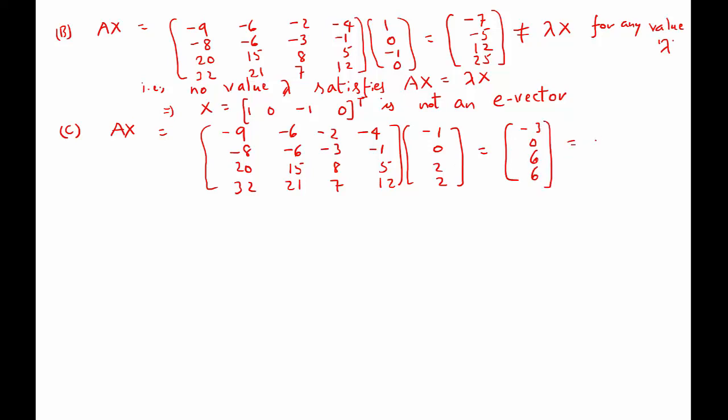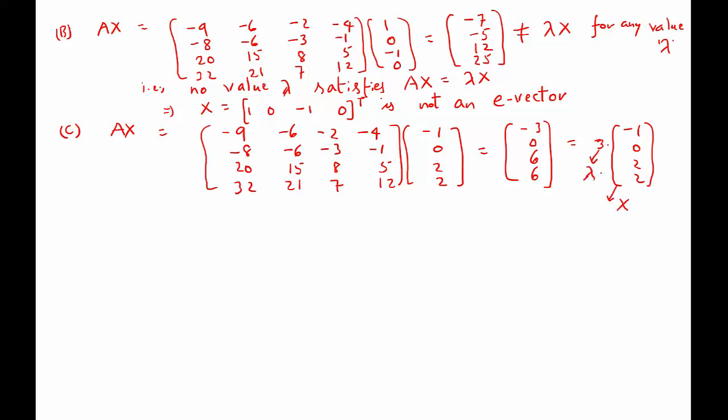Now in this, the number 3 is common. Don't take minus 3, because we should get the x column vector again. So to get minus 1 in the first element, let us take 3 common, which is also common for all the elements. So minus 1, 0, 2, 2. So this column vector minus 1, 0, 2, 2 is nothing but the option C vector, and this 3 is nothing but the number lambda automatically.